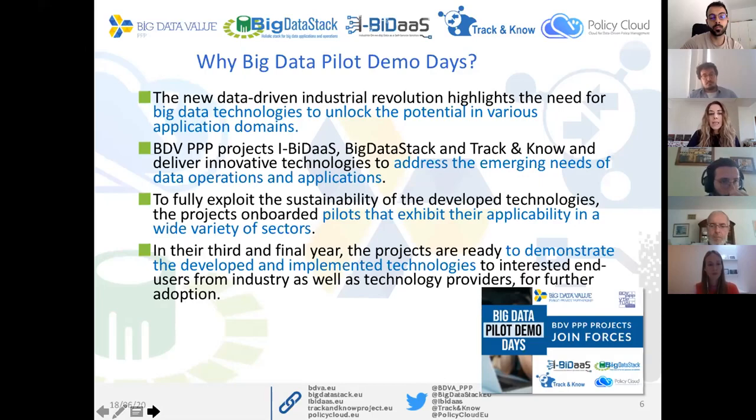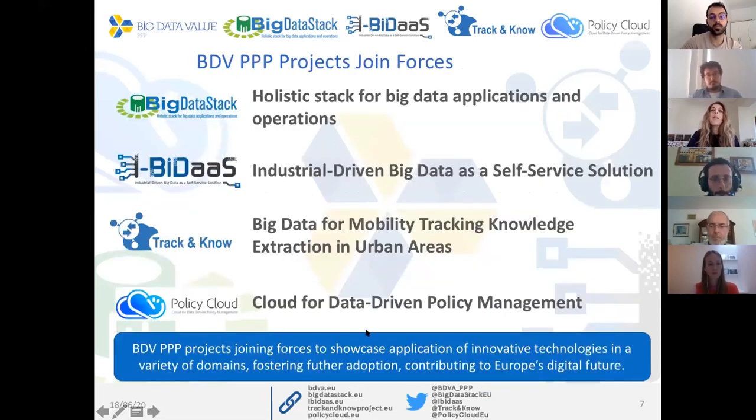In the next slide, you can see the list with the projects that join their forces. BigDataStack, holistic stack for big data applications and operations. I-BiDaaS, industrial-driven big data as a self-service solution. Track and Know, big data for mobility, tracking knowledge extraction in urban areas. And Policy Cloud, cloud for data-driven policy management.